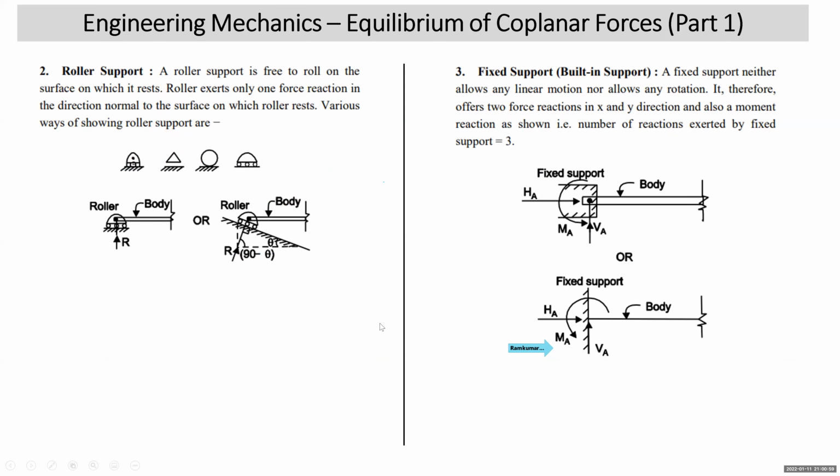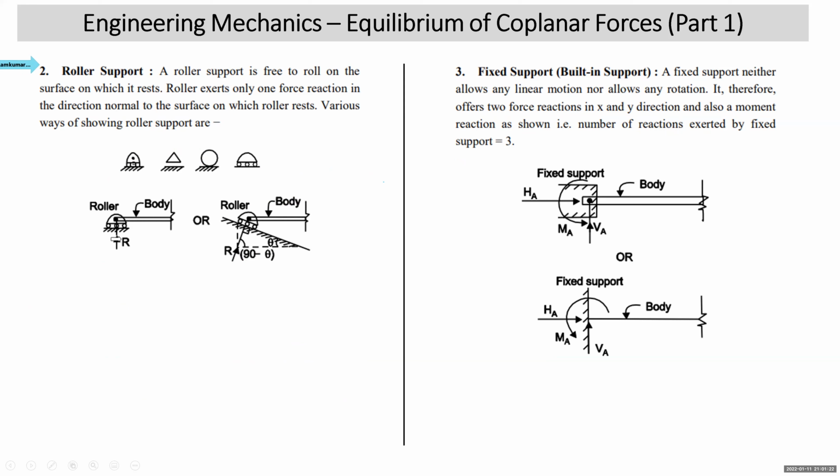Next, we come to the roller support. As you can see, these are some of the notations of the roller support in the system. Now here you are shown a body which is supported by a roller on the left hand side.